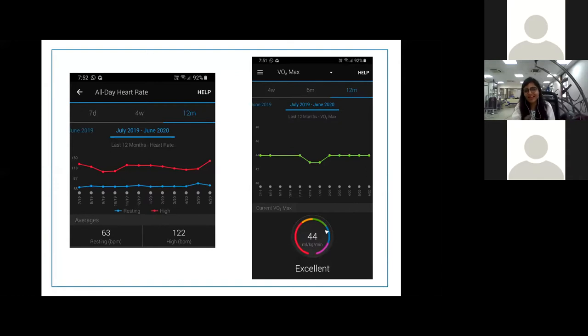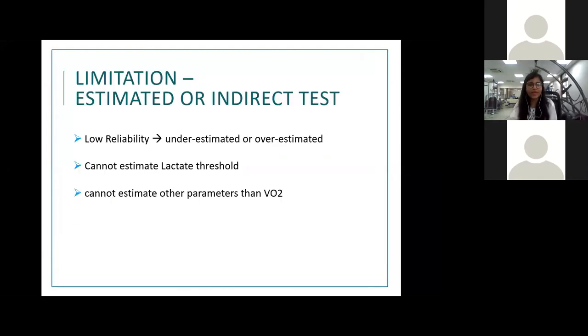So at that time it showed a little decline in my VO2 max. But as you could see, the values have not changed much, from 44 it only went down to 42. So I would really want to check whether it has really come to 44 or not. Somebody needs to do VO2 max testing for me, and we could compare the data to see how accurate it is.